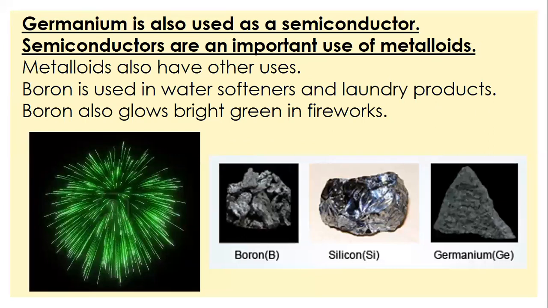Also, germanium is another metalloid that we use as a semiconductor. Another metalloid, boron, we use in water softeners and cleaning or laundry products. Boron also, we put in fireworks because it gives a green glow, which gives us a very good color.